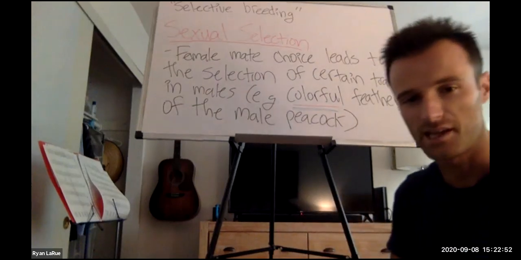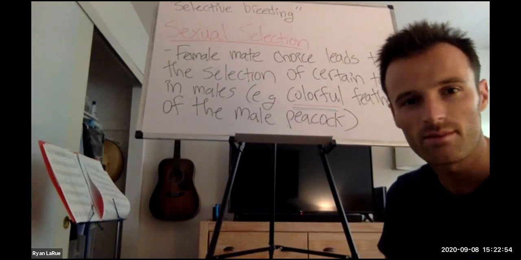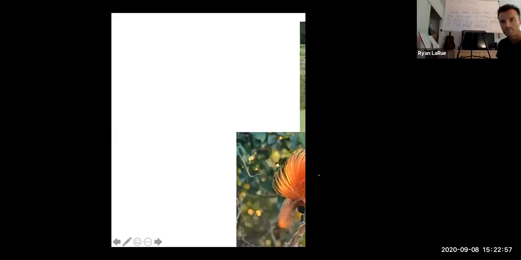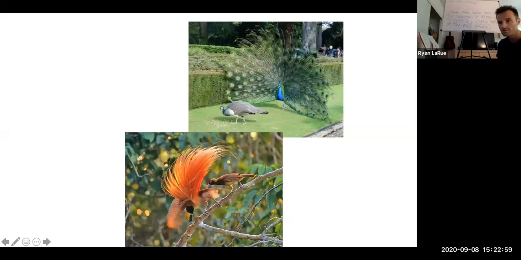Very fascinating. So let me show you the picture here. There's the peacock. These guys with the long colorful trains, those are the males. This is a peahen. It's the female. And the real reason this occurs has to do mostly with the fact that they are more noticeable.